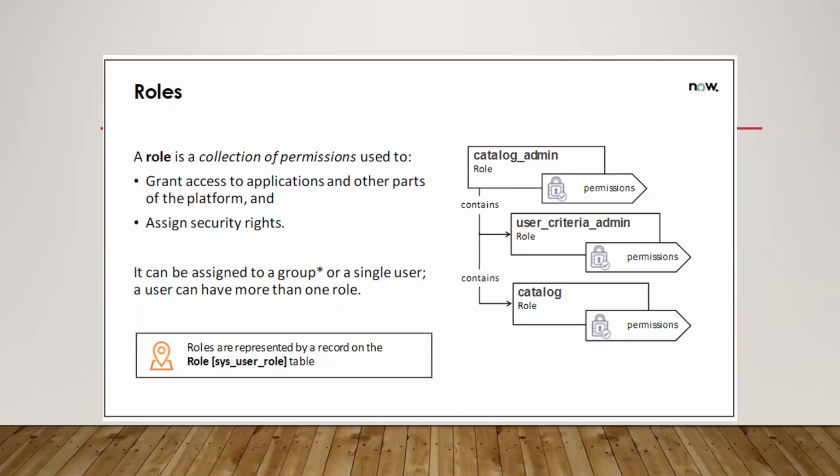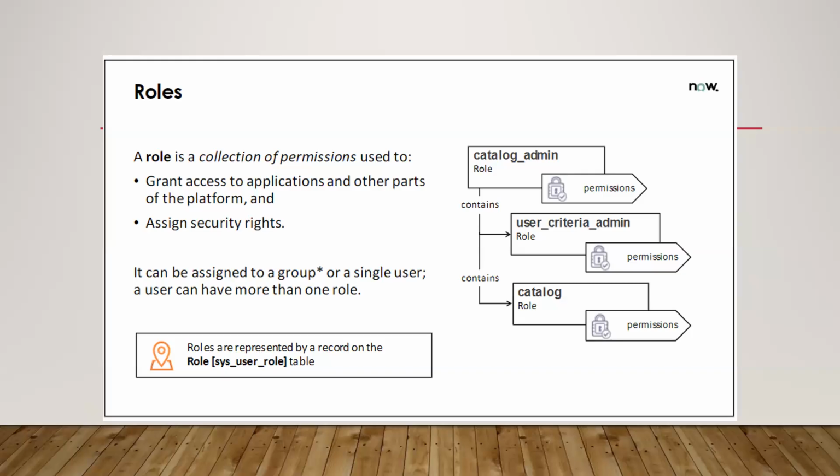Now the whole mechanism of how groups and users access different applications depends on a concept called roles. Okay, so what is a role? A role is nothing but a collection of permissions. It grants the user what they can see in the application and what they cannot see.